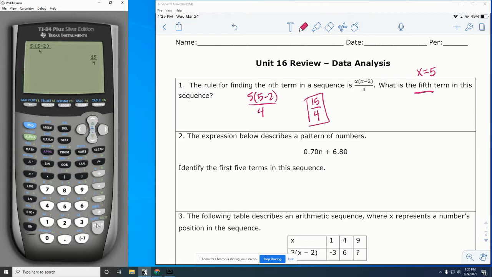Question 2, the expression below describes a pattern of numbers. Identify the first 5 terms in this sequence. So I'm going to put this into y equals, and then go to my table. Remember, they are wanting the first 5 terms for this sequence.